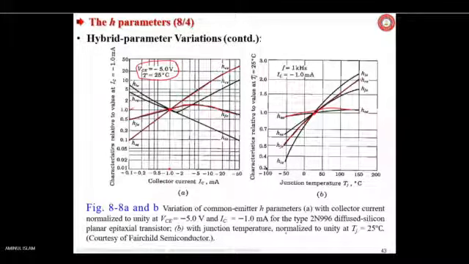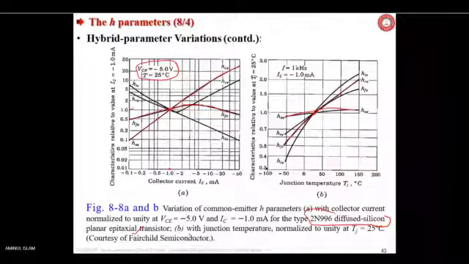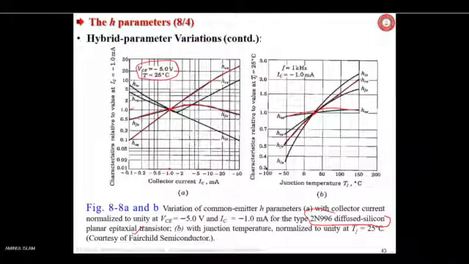And the BJT taken is this kind, 2N996, a diffused silicon planar epitaxial transistor. There are various ways to make the BJT or bipolar junction transistor, and this one is used. This is practically available in the market, in the industry, made by Fairchild Semiconductor.